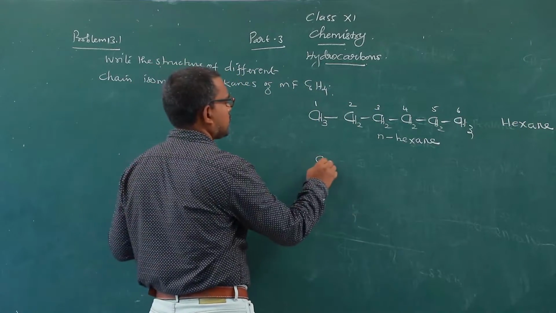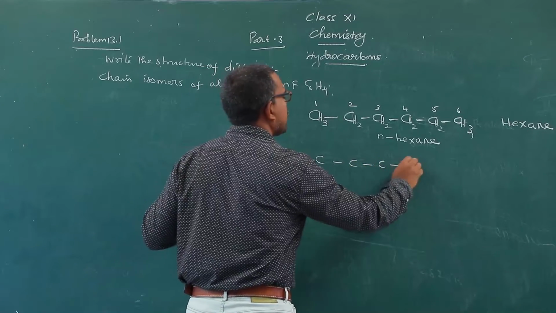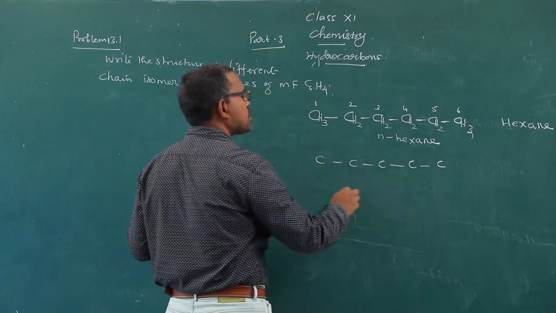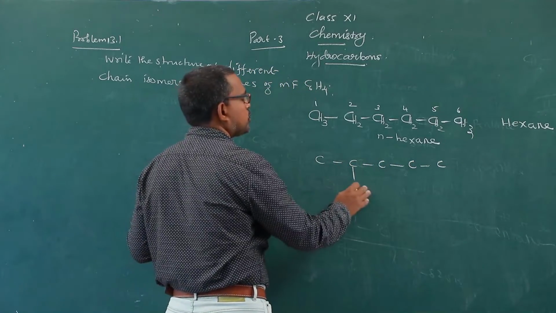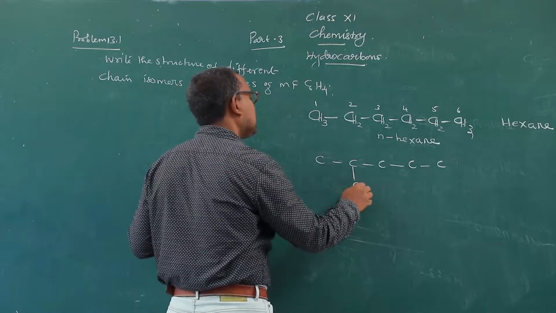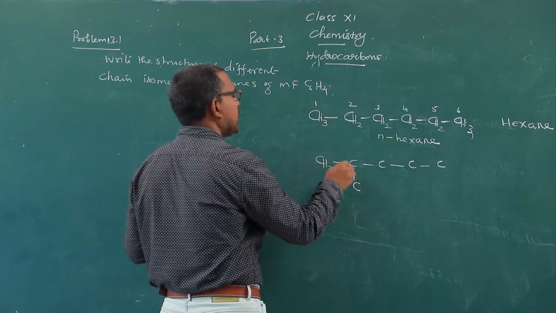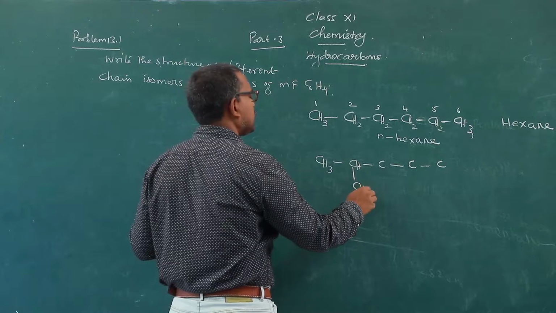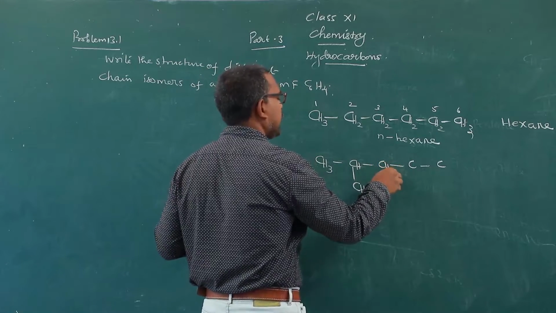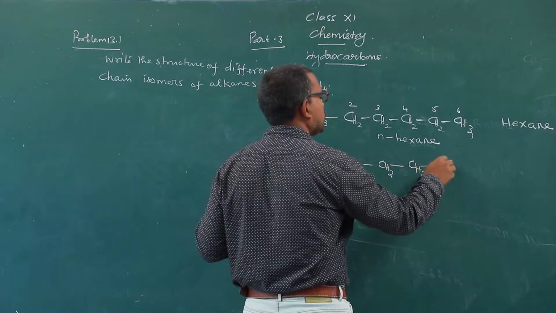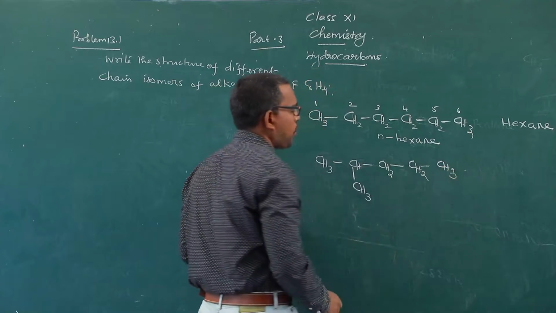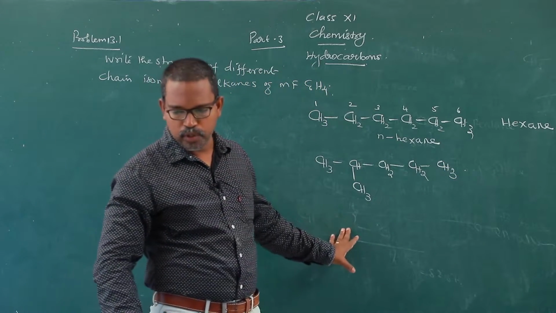Second compound: a straight chain of 5 carbon atoms, and you substitute one carbon as the branch. CH3, CH, CH3, CH2, CH2, CH3. This is an iso compound.